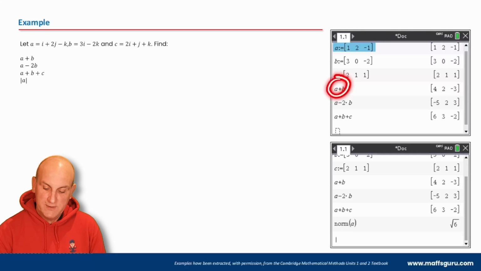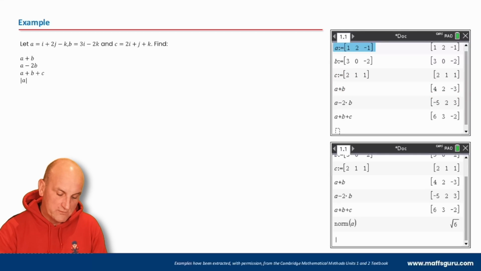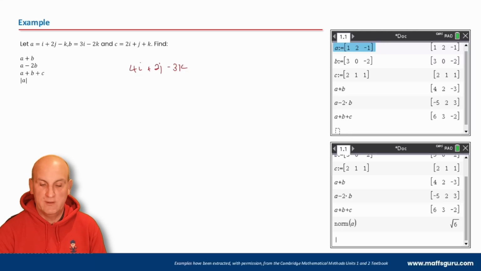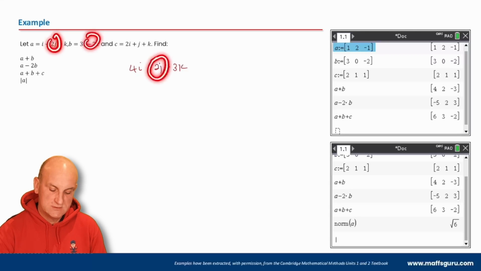There we go. Once I've done that, your calculator's clever enough to know what to do next. So if I've got A plus B, it gives me 4i plus 2j minus 3k. And again, we could have done that by just reading. A plus B has got the i term plus the i term, so i plus 3i is my 4i. I've got a 2j, but I don't have a j term in B, so it's just 2j.